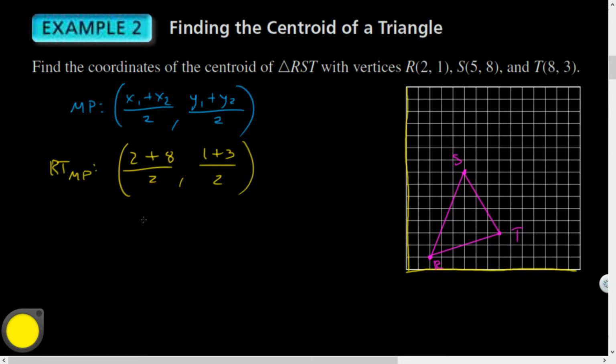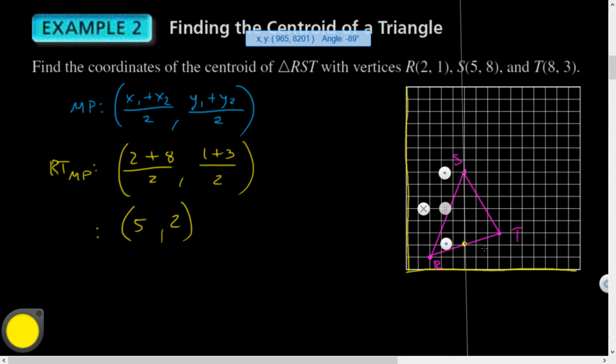The average of the x's and the average of the y's: 10 divided by 2 is 5, and 4 divided by 2 is 2. So over 5, up 2. Right there's our midpoint. And it happens that the median ends up being a vertical line. Who would have thought? A thing of beauty. So there's my median.